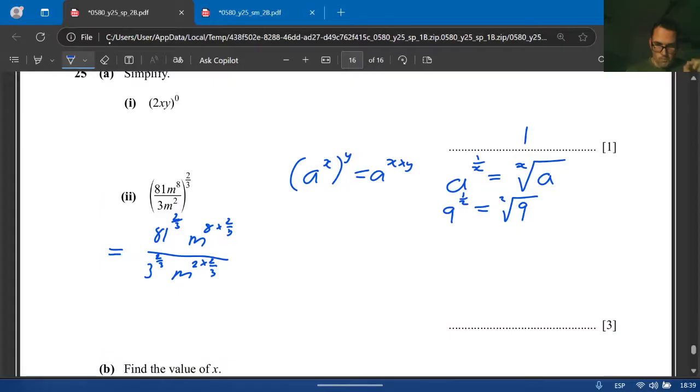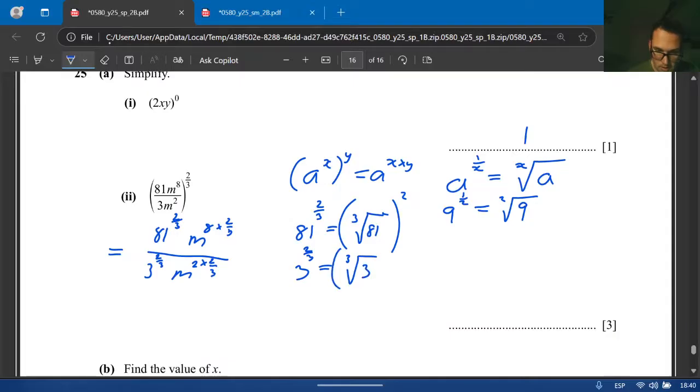So, 81 to the power of 2/3 would be the same as root 81 squared. Yeah, that's it. And 3 to the power of 2/3 will be cube root 3 squared.